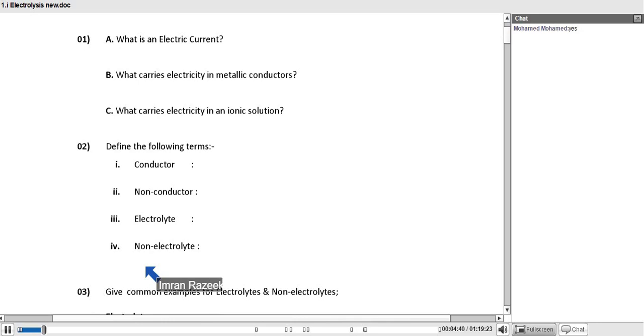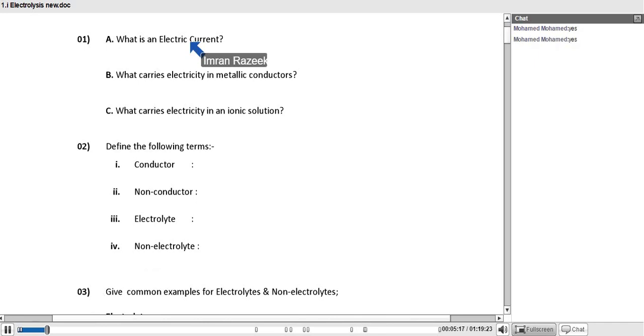The condition for an electrolyte is that there should be free mobile ions, not just cations and anions. If you take an ionic substance in solid state, it's a non-electrolyte, even though it contains cations and anions. Is it clear?